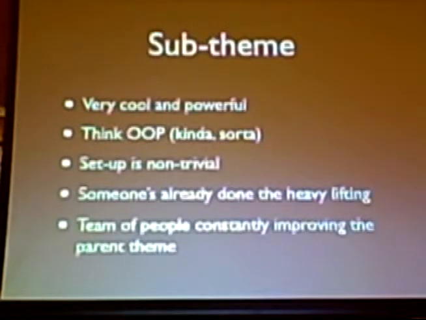If there are any programmers here, it's kind of like object-oriented programming, sort of, in that you take a theme. In this case, we'll say Zen, because that's probably the most popular base theme. Take a theme called Zen. Then we create another theme. So you load up Zen, but you don't really do anything with it except keep it in your themes directory.